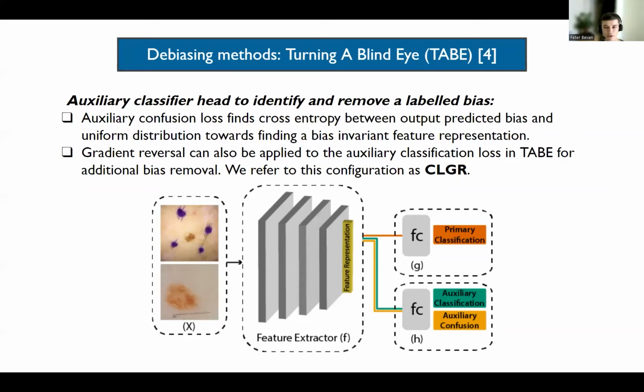So we denote this CLGR in the results that you'll see later, for confusion loss with gradient reversal. So both of these methods require bias labels, and we use skin tone labels, either provided by humans in the case of the Fitzpatrick 17K data, or provided by our labeling algorithm in the case of the ISIC data that we investigate.